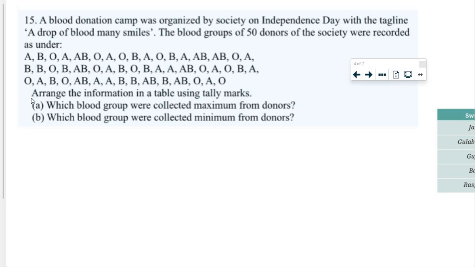Here come the questions. Arrange the information in a table using tally marks. A table which uses tally marks is known as a frequency distribution table.